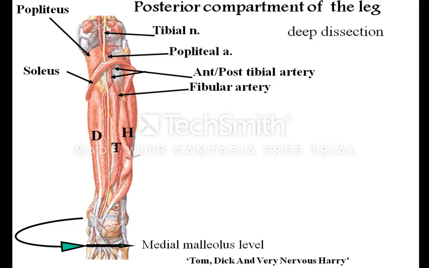D, as you see here, if you follow, this is the tibialis posterior and this is the tendon, which comes first, and then D for the flexor digitorum tendon, A for the artery, the posterior tibial artery, V for the posterior tibial vein, N for the tibial nerve, and H for flexor hallucis longus.